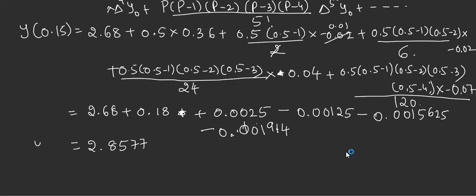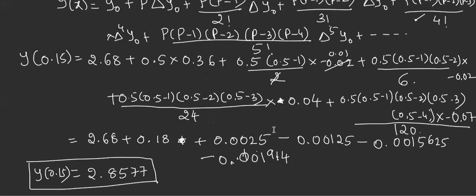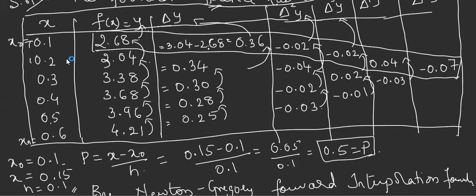So this is y of 0.15, or f of 0.15. Now you can roughly check if the table is increasing. This 0.15 is between 0.1 and 0.2, so your answer should be between 2.68 and 3.04.